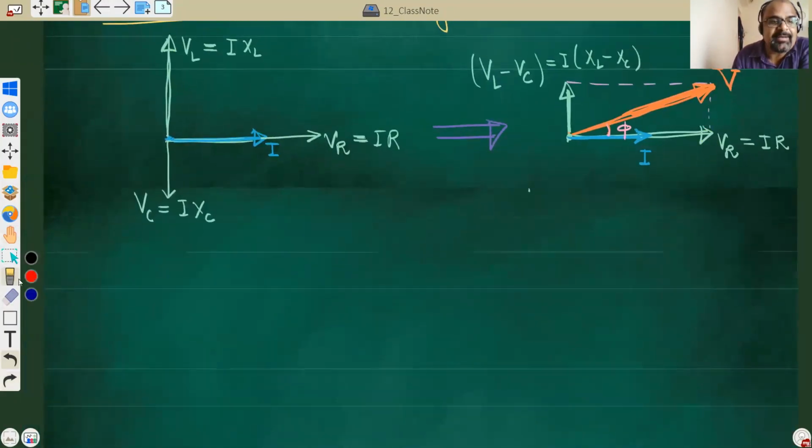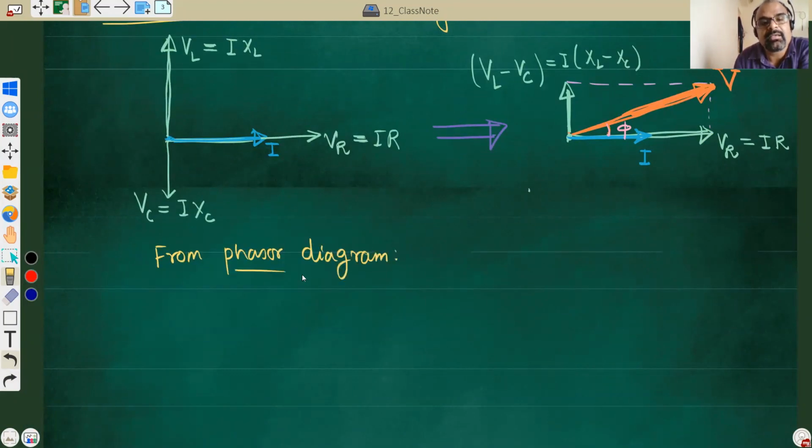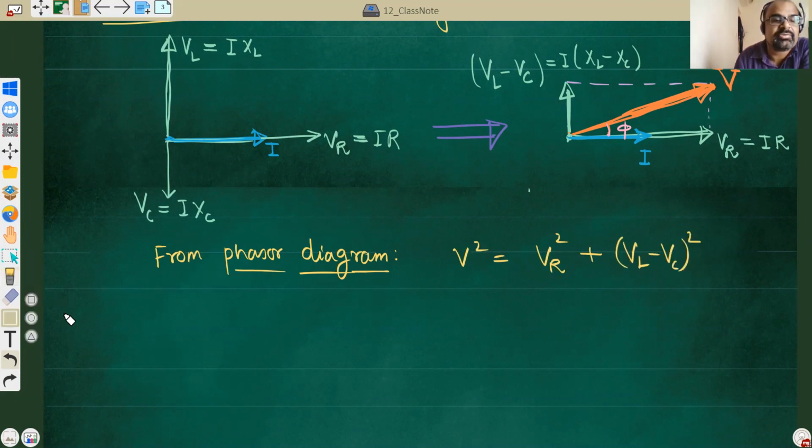So from the phasor diagram, what do we get? From the phasor diagram, we get that V square is equal to VR square plus VL minus VC whole square.